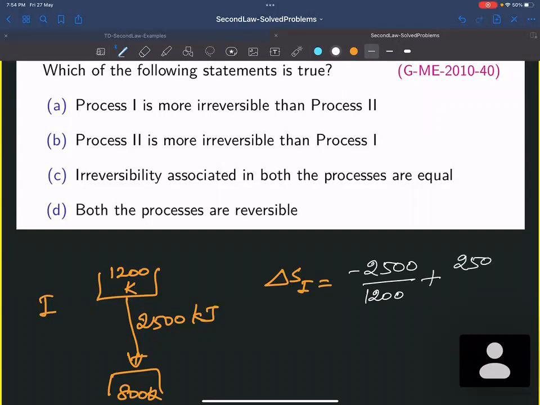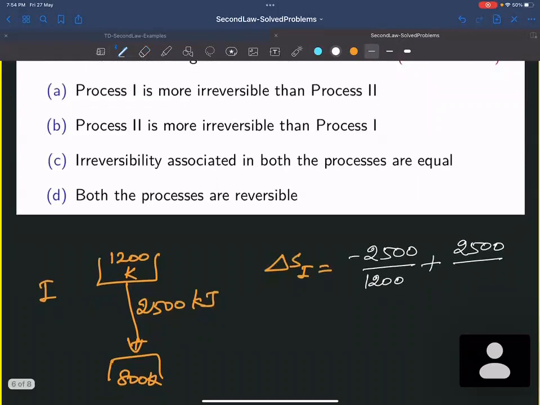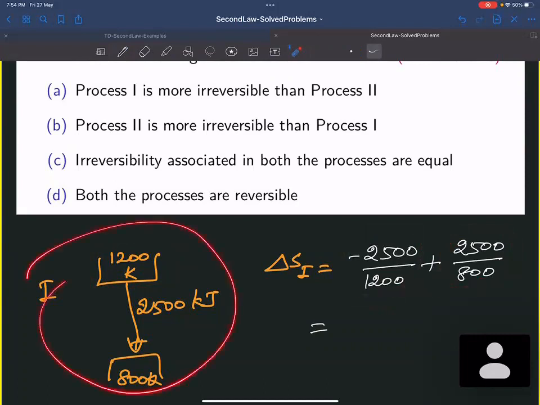It is taking a heat of 2500 and it is at a temperature of 800. So this is the entropy change for process 1: the entropy decrease for the hot reservoir, the entropy increase for the cold reservoir, and this is the total entropy change for process 1.